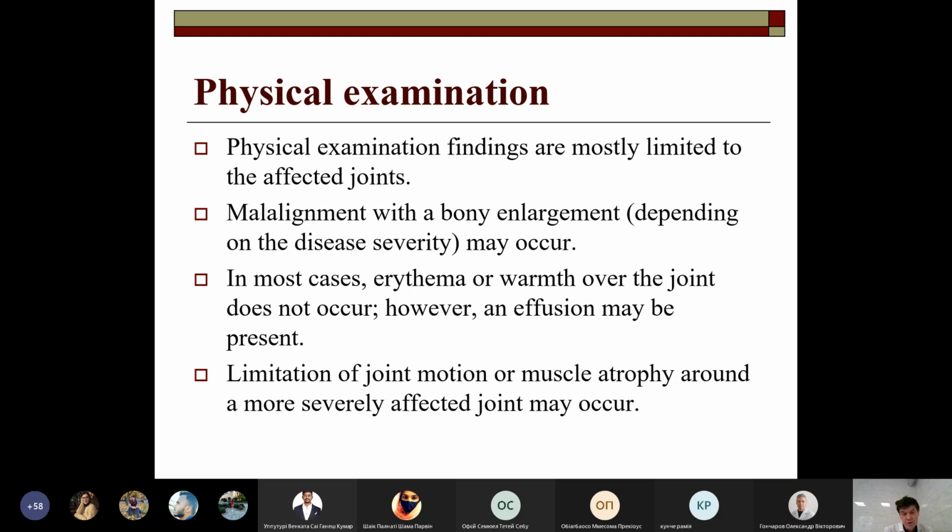So limitation of joint motion and muscle atrophy around the joints involved in the pathological process are common for these patients, and the more thoroughly affected the joint, the more local osteoporosis is seen. Especially the moving limitation is frequently found in people with metabolic conditions, overweight and obesity.